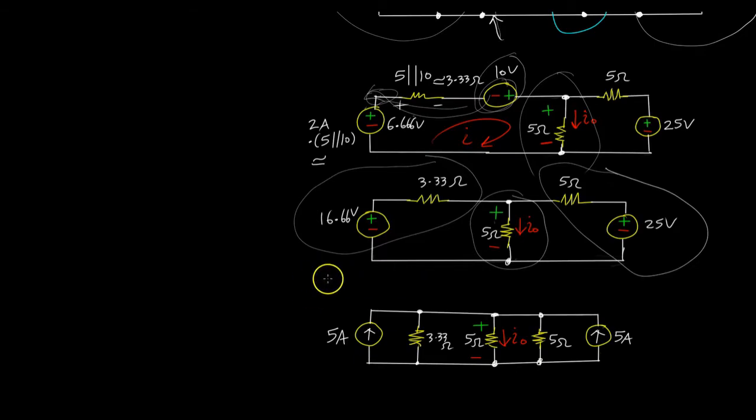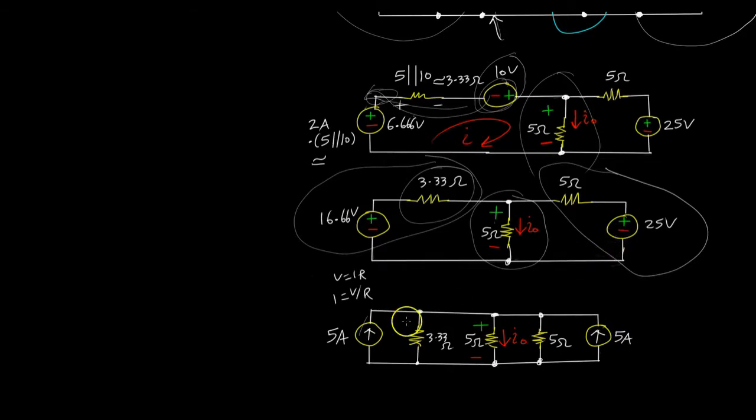Now, of course, using Ohm's law, you would expect the current to be V over R, and so the resistance remains the same, 3.33. The current through that current source will be the voltage divided by the resistance, roughly 5 amps here. And we have the voltage divided by the resistance once more, about 5 amps.